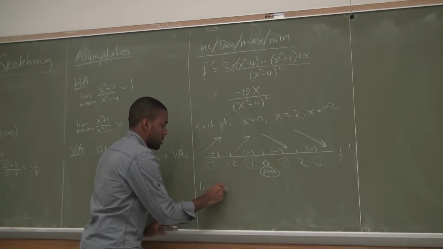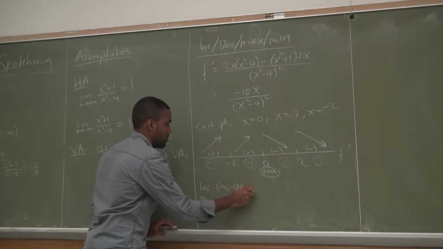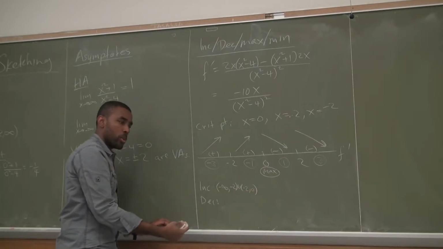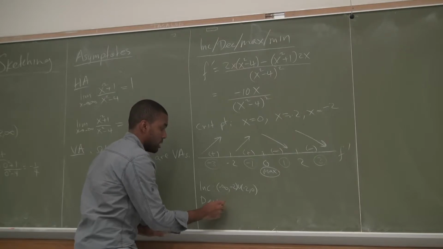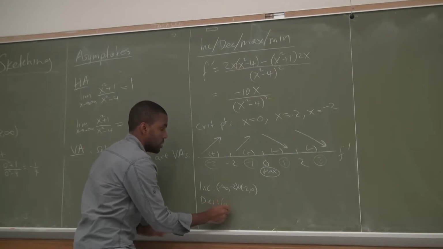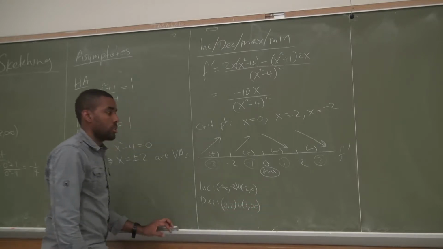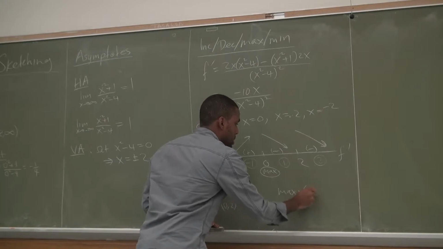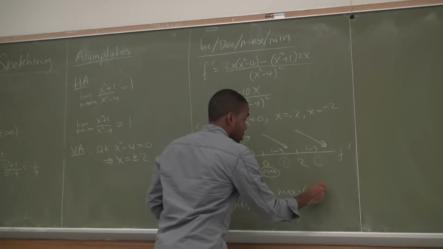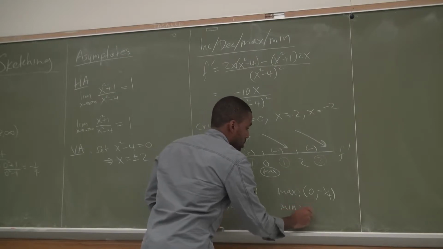Let us be specific. You have to avoid the negative 2 because your function isn't even defined. And now from 0 to 2, union 2 to infinity, we're decreasing. We have a max at 0, comma, minus a quarter. We have a min, none.